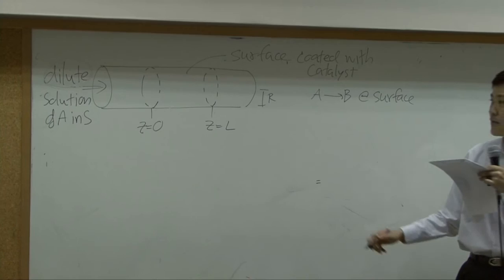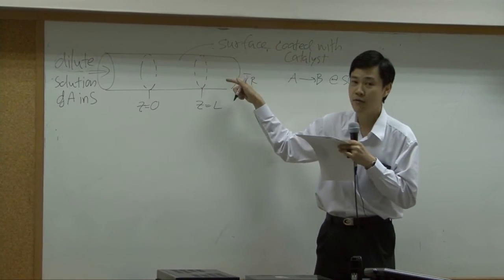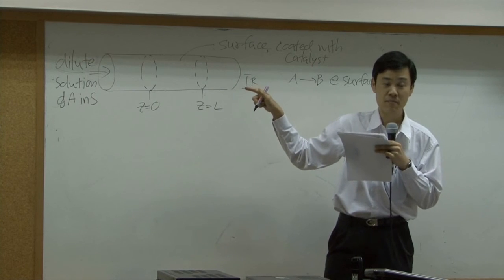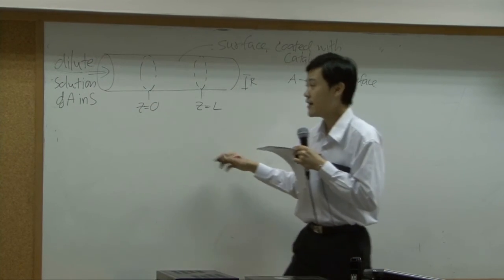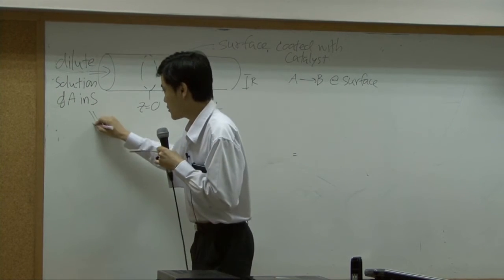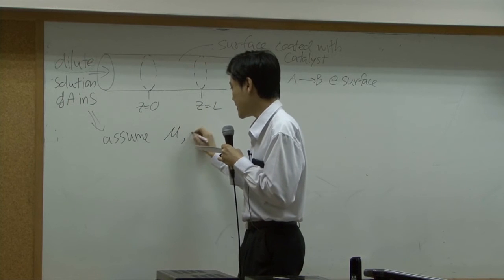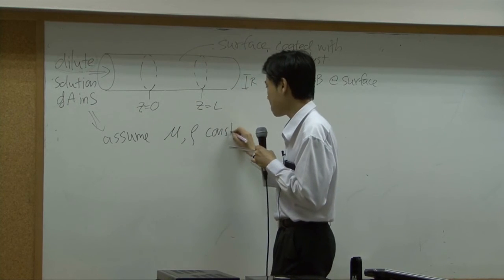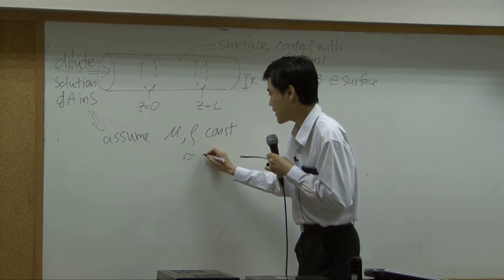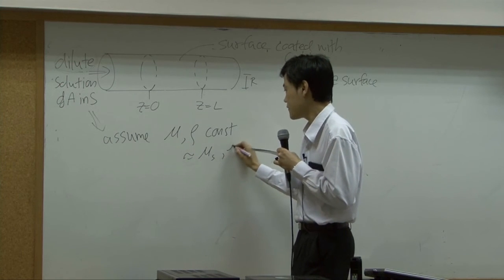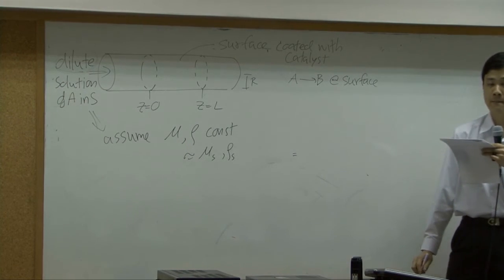That means the concentration of A and B along the Z or R direction does not change much. The majority of the solution will be solvent. So it is reasonable to assume that viscosity and density are constant. And in this case, it would be roughly approximately the same as the viscosity of pure solvent.